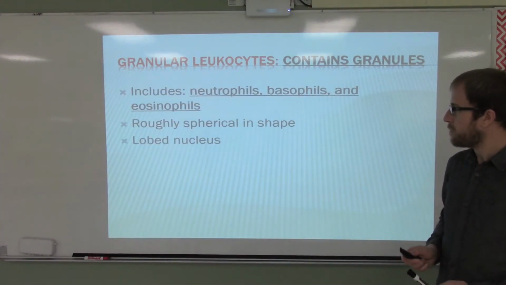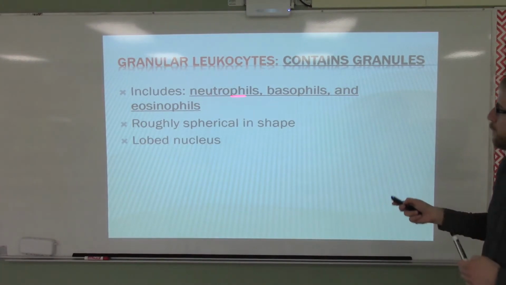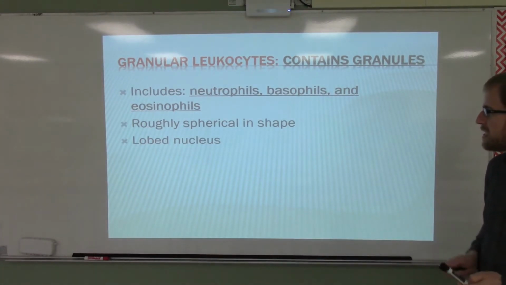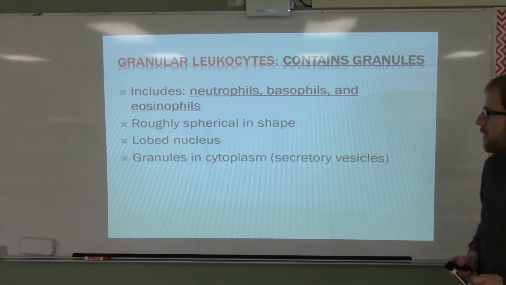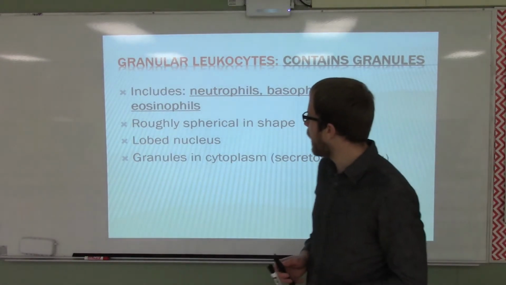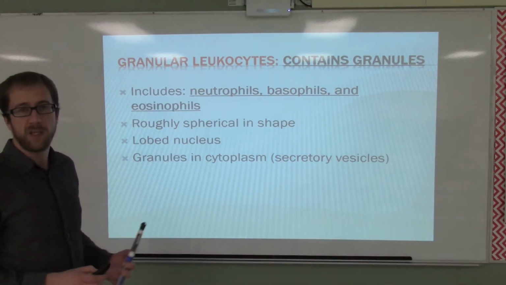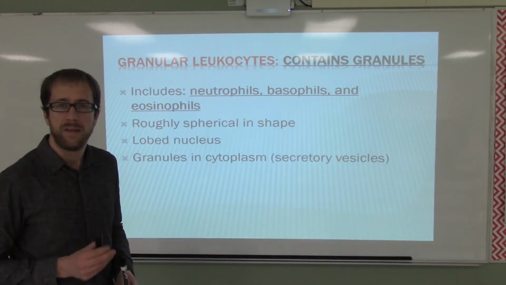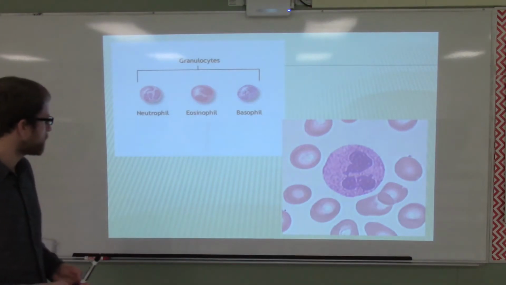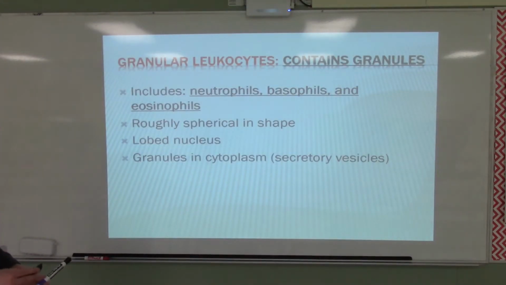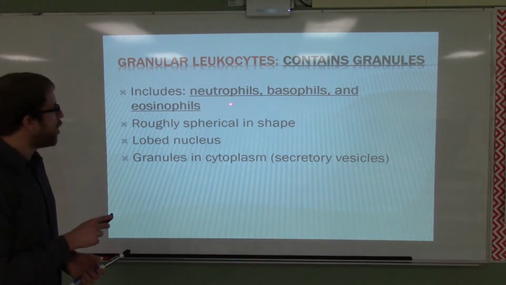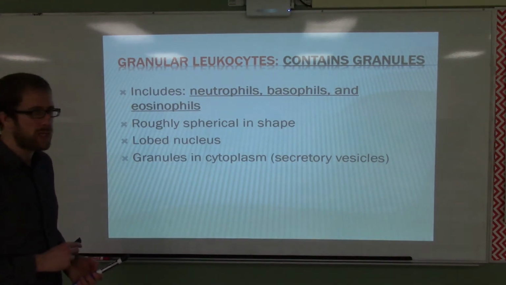Now, those are going to be your neutrophils, your basophils, and your eosinophils. They're roughly spherical in shape, they have lobed nuclei, and the granules in the cytoplasm are visible, they're secretory vesicles. Now, the role of these secretory vesicles does depend upon which of these cells you are looking at.